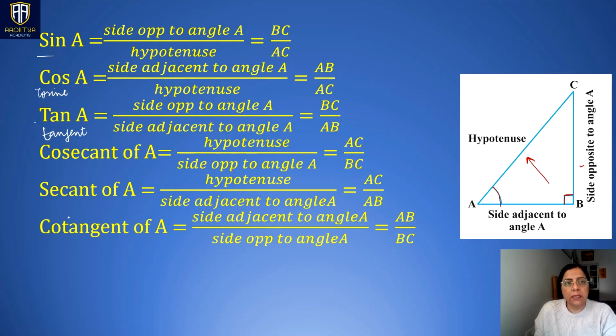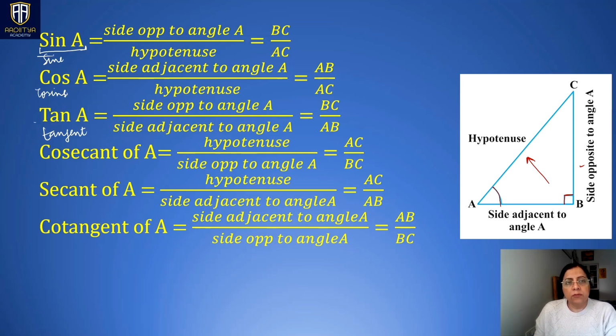If we are taking sine of A, this is the proper name, and these are the short forms of these names. Sine of A is defined as the ratio between the side opposite to angle A and the hypotenuse, if we are taking ratios about angle A. In this figure, the side opposite to angle A is BC and the hypotenuse is AC.